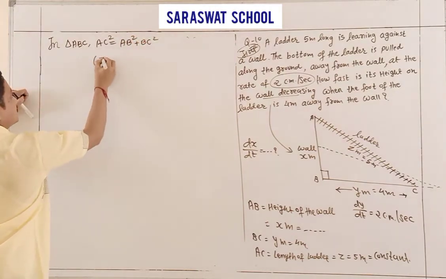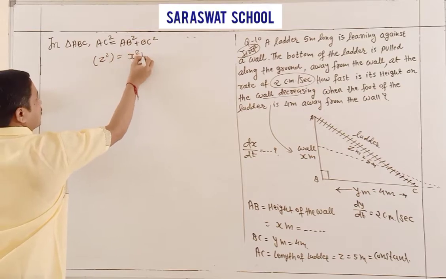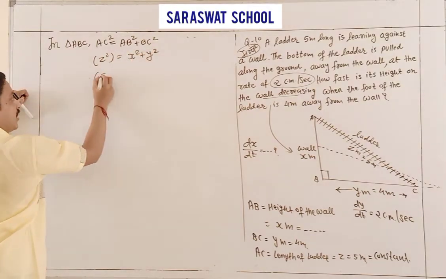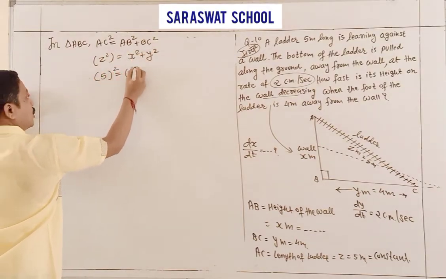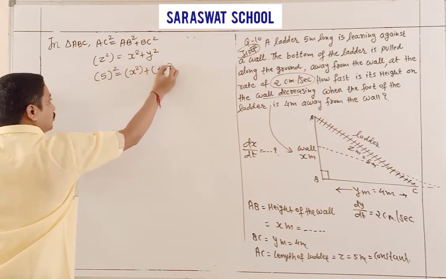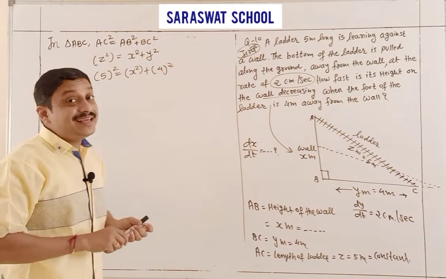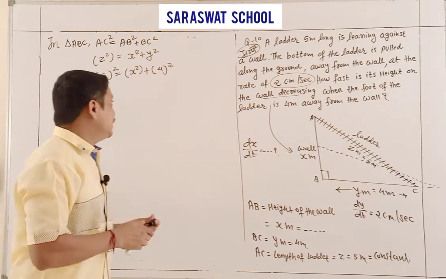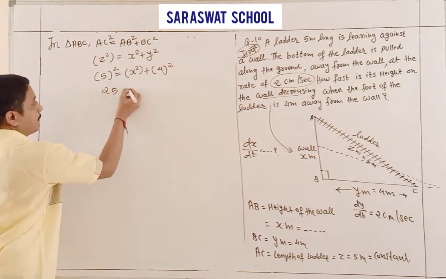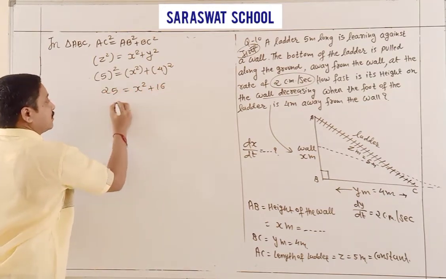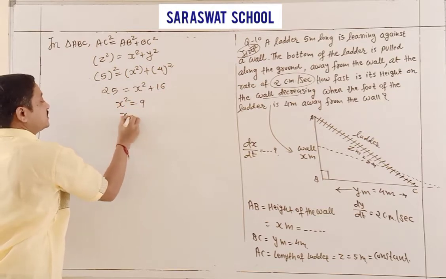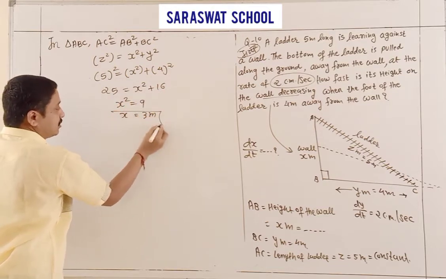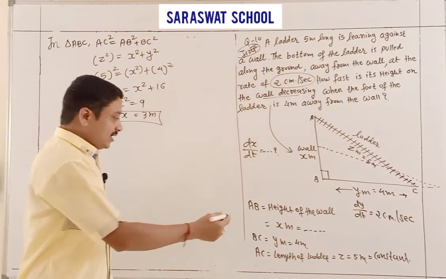We have Z square equals X square plus Y square. Here Z is 5, X square is unknown, but Y is known, 4. Yes, you easily get the X value. So it becomes 25 equals X square plus 16, X square is 9, X is 3 meter. Don't take negative here because it is the length of the ladder. This is 3 meter.